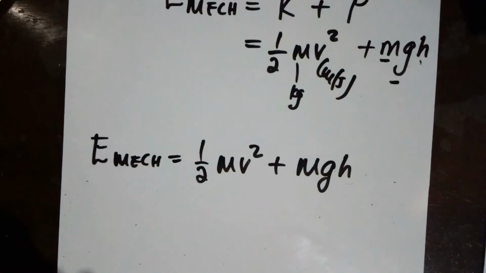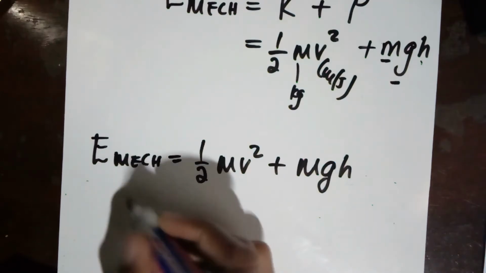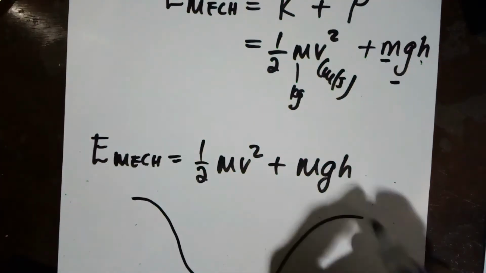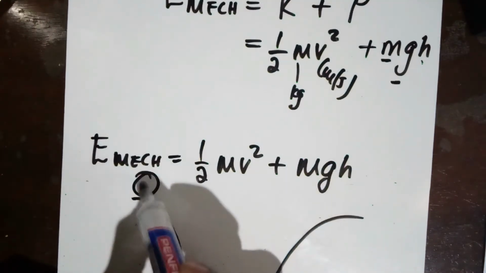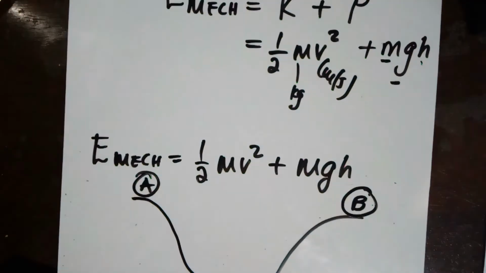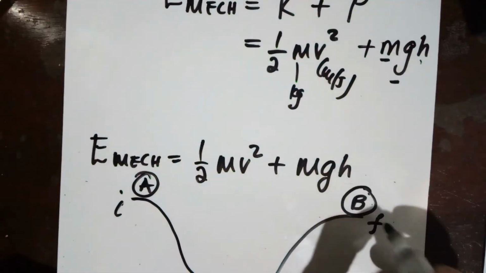that the mechanical energy, perhaps at an initial point. So let's say we had a sort of roller coaster ride, and we had an object. Let's call this object A, another object, we call it object B. And this is the initial position, and this is the final position.